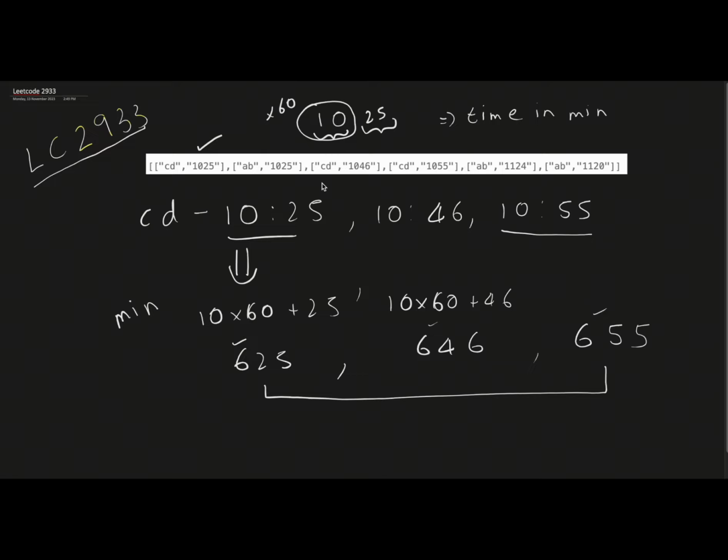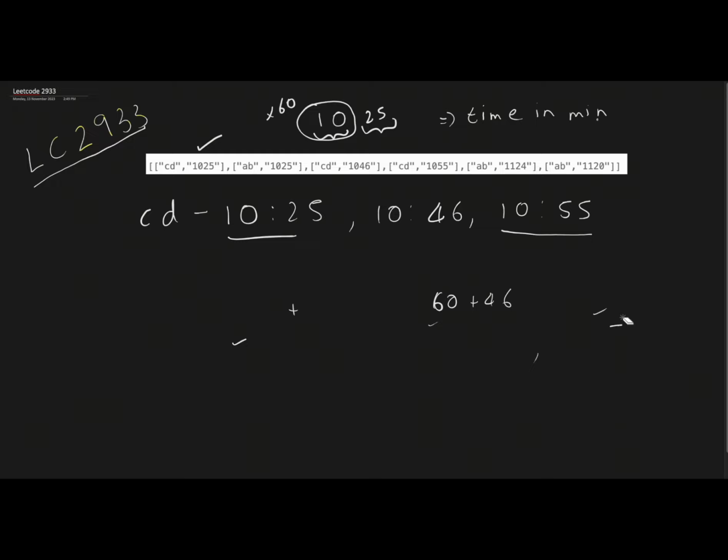After all the conversion happens, as shown on the screen, we want a map between the given employee names and the access times. That is, CD is the key and it points to a vector of times, in minutes.